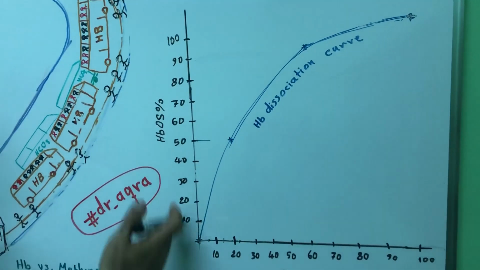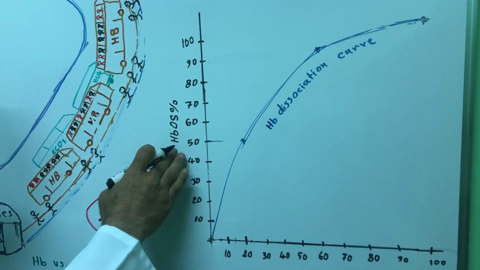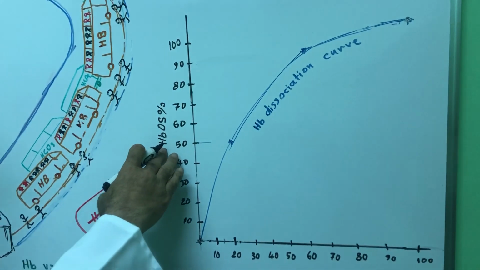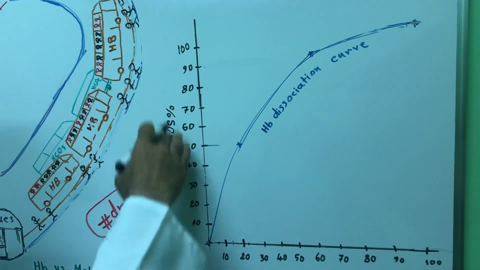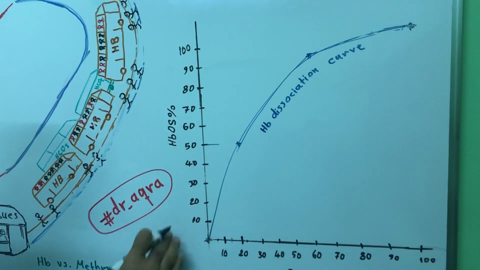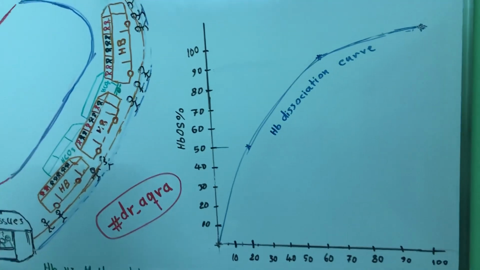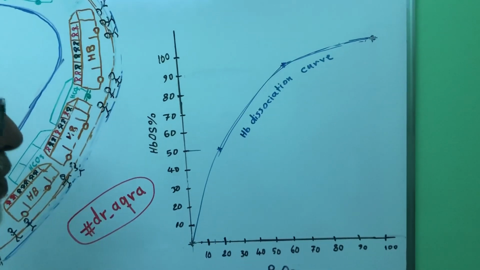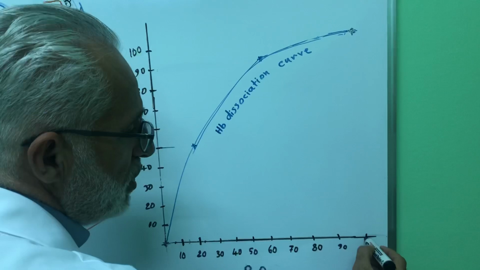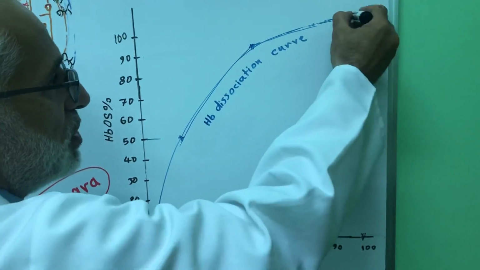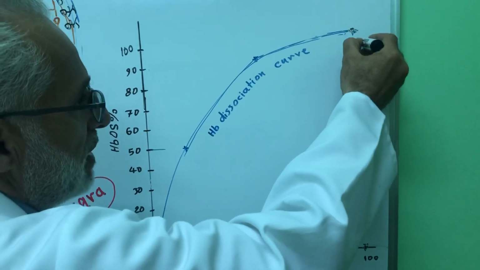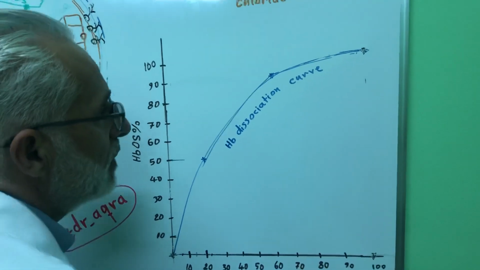This side of the curve represents the hemoglobin saturation of oxygen as a percentage, and this axis represents the partial pressure of O2. So, when the partial pressure of O2 is quite high, the saturation of hemoglobin is almost the maximum.